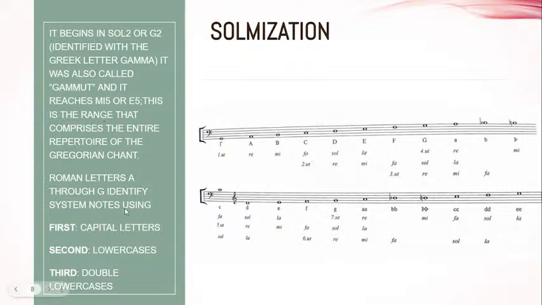Roman letters start: A, B, C, D, E, F, G, the first octave in capitals. Then A, B, C, D, E, F, G, the second octave. And the third octave, A, B, C, D, E, with double lowercase letters.